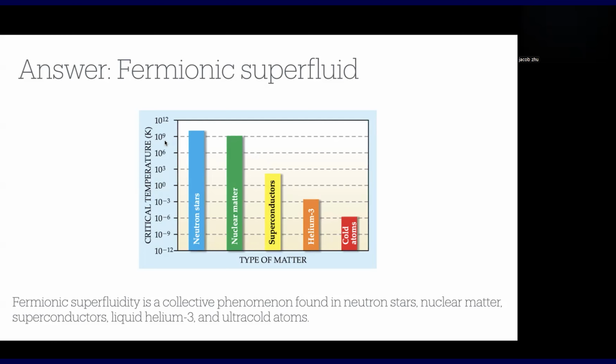So we are below this 10 to the 9 Kelvin. But we can learn about neutron star properties by doing the experiment in a cold atom experiment in the lab because they're just like studying superfluid. And so that's the universality of this picture.